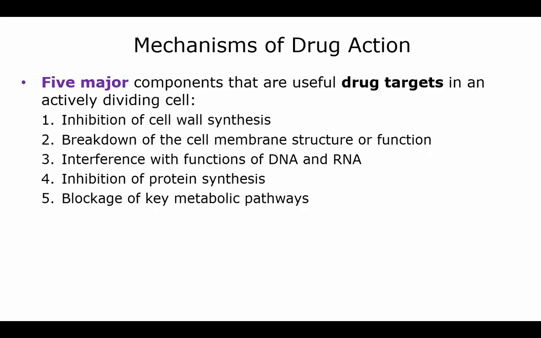There are 5 major components that are useful targets in an actively dividing cell of these antimicrobials. First is to inhibit the cell wall synthesis, then to break down the cell membrane, either the structure and/or the function, to interfere with the nucleic acids DNA and RNA and inhibit protein synthesis, and to block key metabolic pathways like folic acid metabolism.